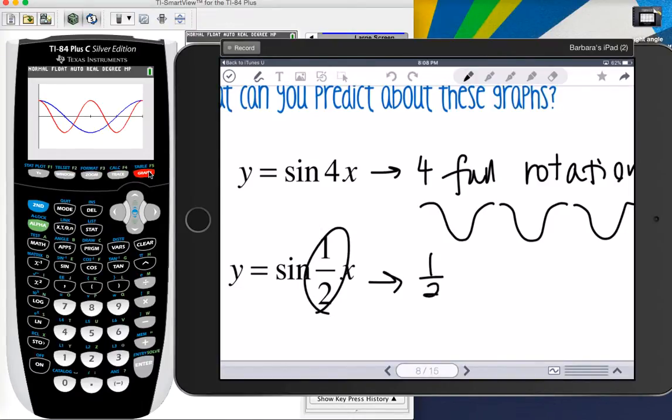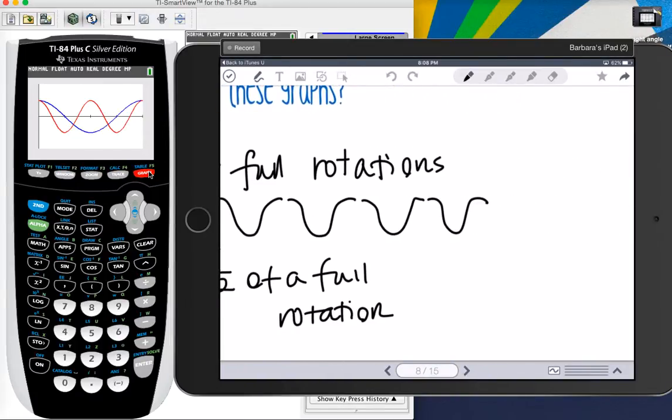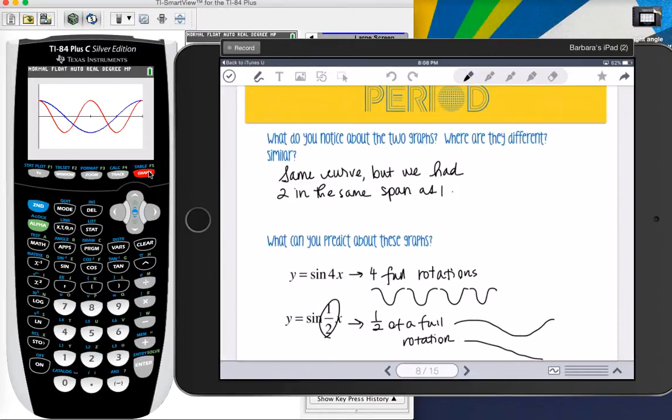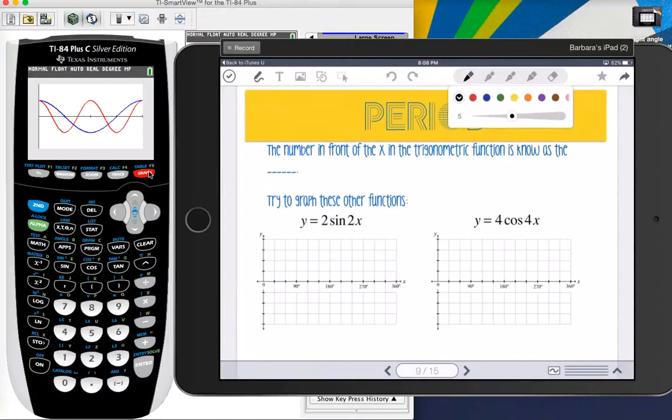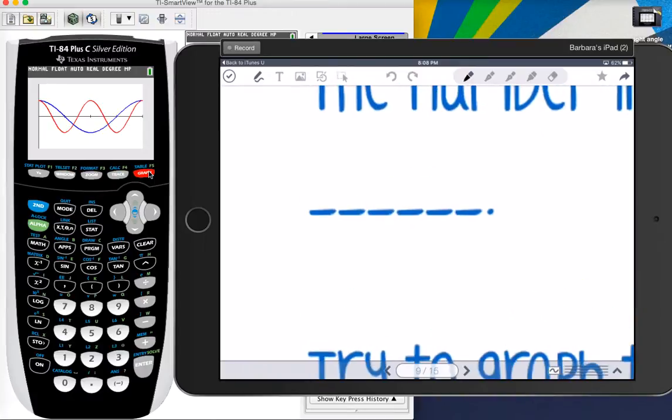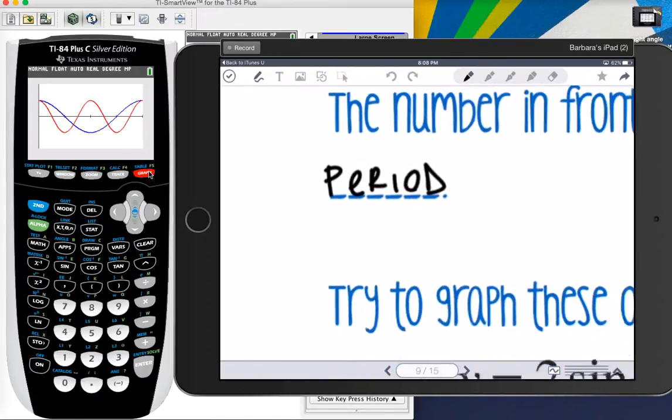You're only going to be able to do half of a full rotation. So if you think of your standard one being like this, I'm only going to be able to go down in when it's 1/2 x. So let's look at some examples of this. This is better known as the period.